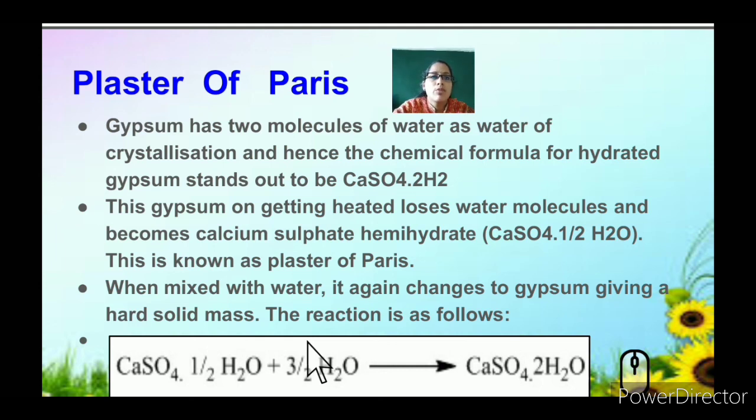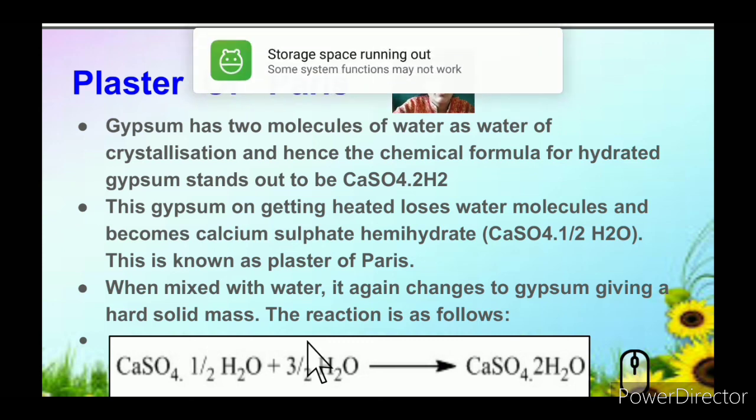So when it loses some amount of water, it forms hemihydrate, CaSO4 half H2O. And this calcium sulfate hemihydrate is known as plaster of Paris. So keep in mind that gypsum is used in the formation of plaster of Paris. Gypsum consists of 2 molecules of crystalline water, CaSO4 2H2O, and on heating it loses some crystalline water and forms calcium sulfate hemihydrate, CaSO4 half H2O. This is known as plaster of Paris.